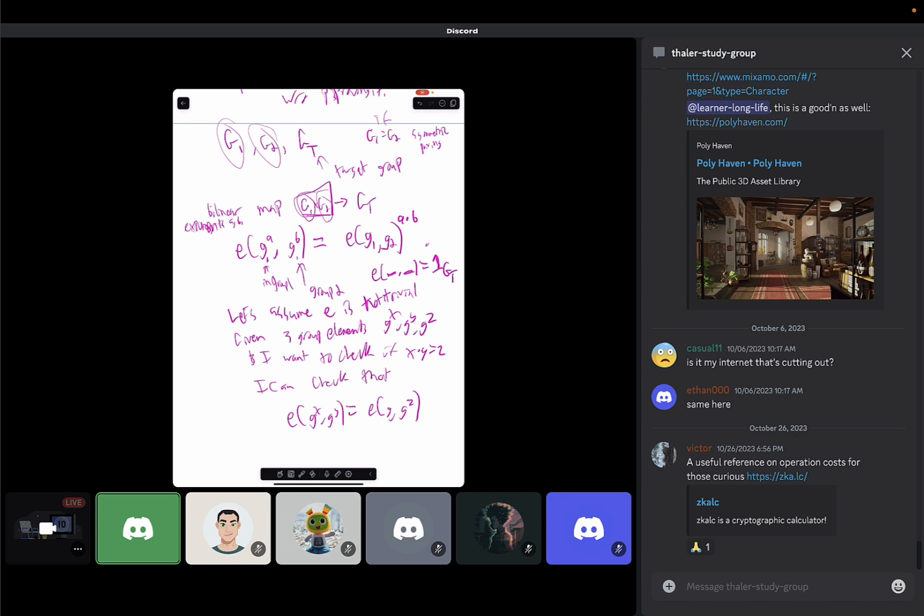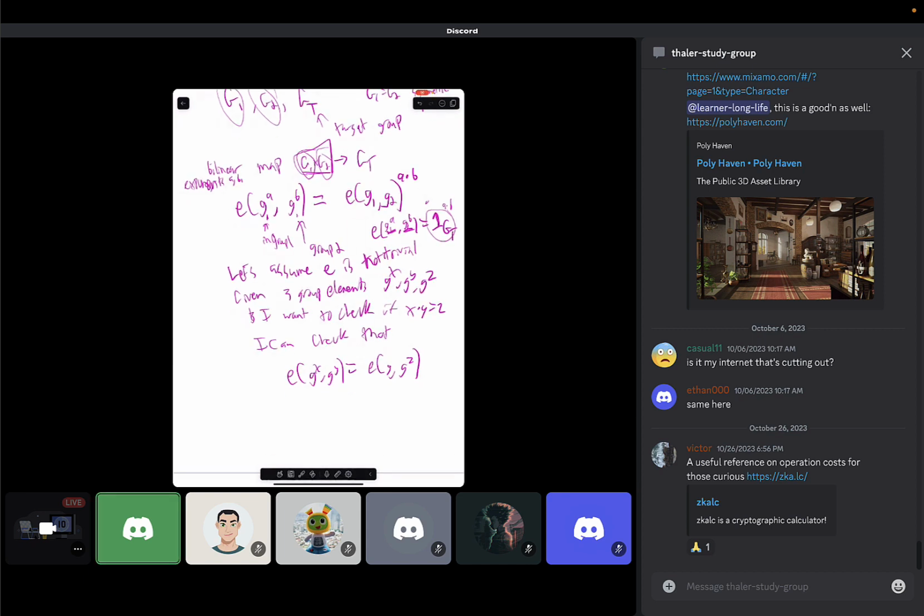That trivially satisfies this property, because under this definition, E of G1 to the A, G2 to the B is just one, which is the same as E of G1, comma G2, which is also by definition just one, to anything. So the trivial map that maps everything to one is bilinear, but not interesting. Assuming it's not the trivial map, bilinearity of E tells you that X times Y equals Z if and only if this property holds right here.